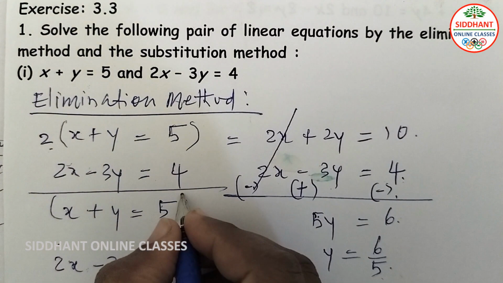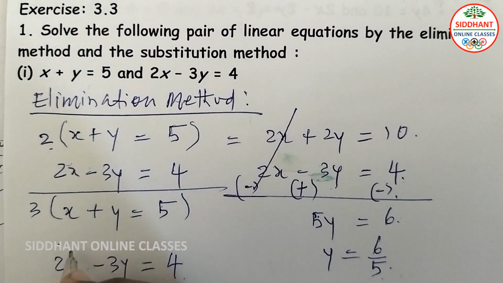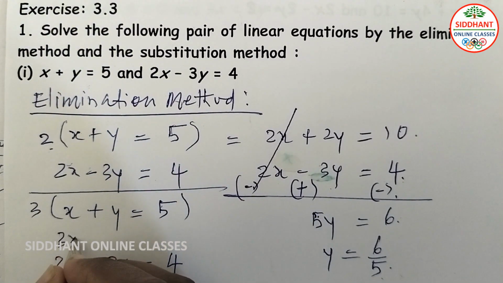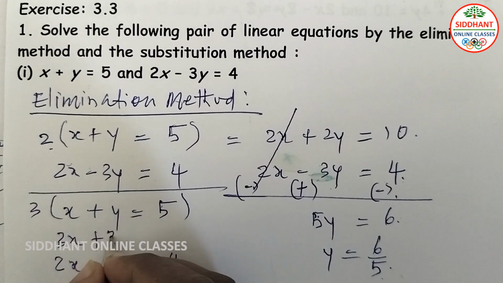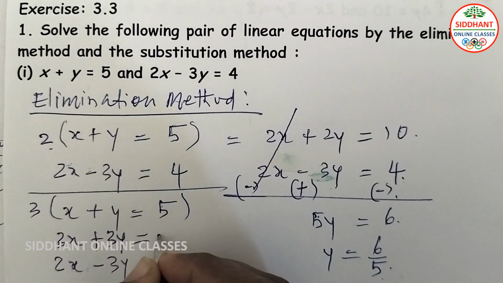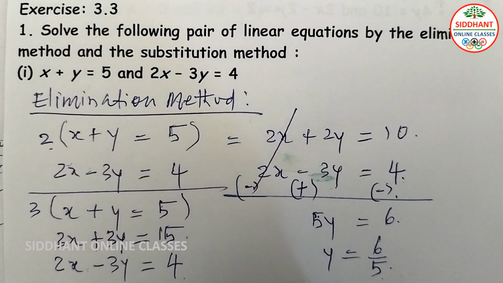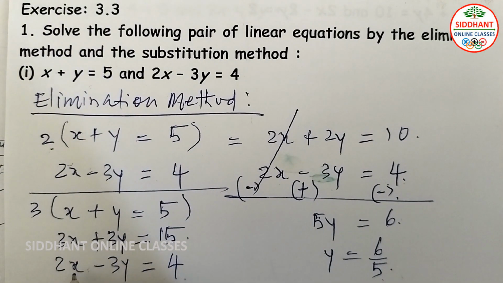So when we multiply with 3, we get 3x plus 3y equal to 15. Now the signs are already different, so we are going to cancel y.